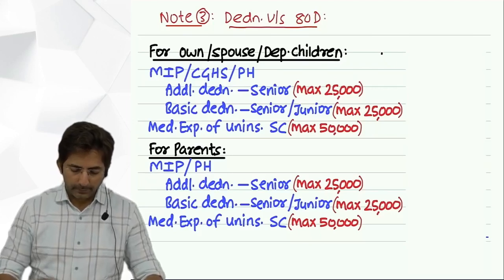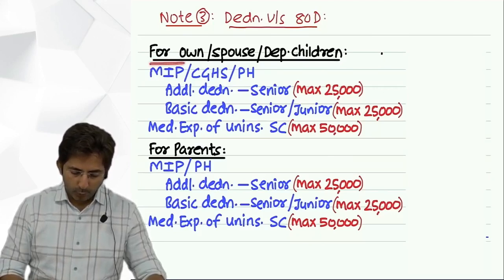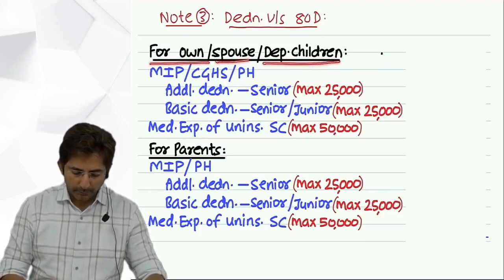See, this was a format. First we do for own, spouse, and dependent children.